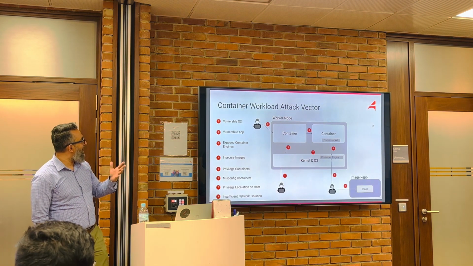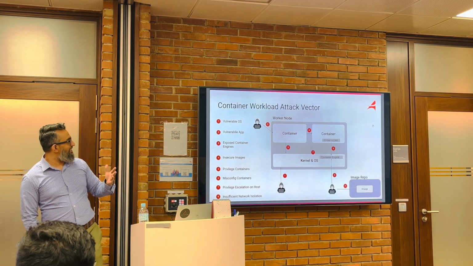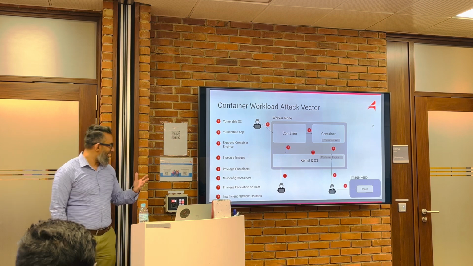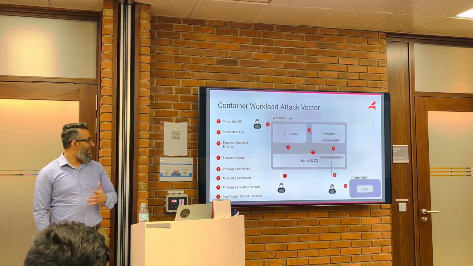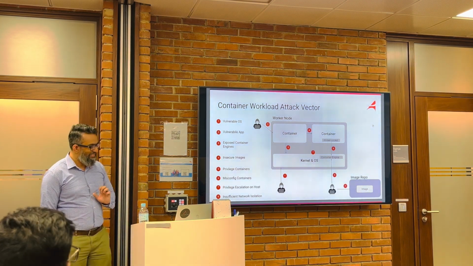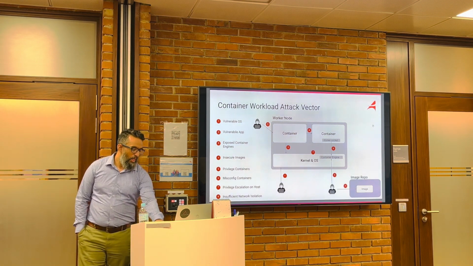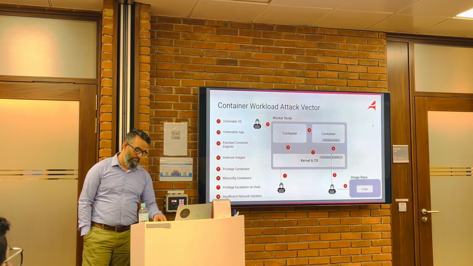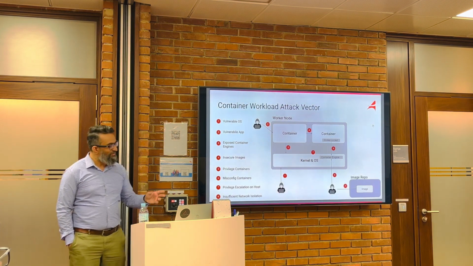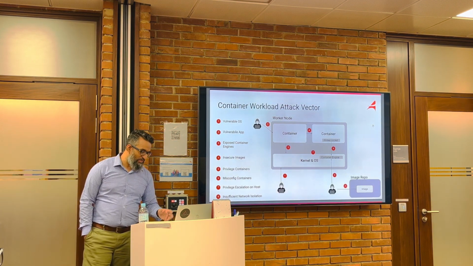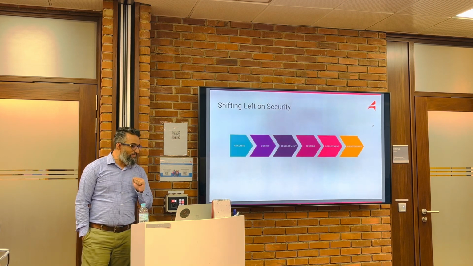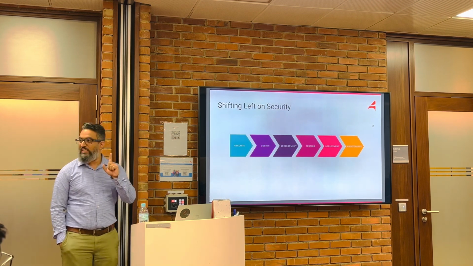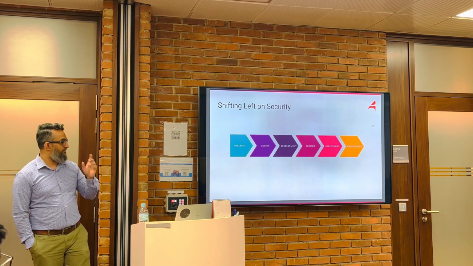And you have vulnerable applications, insecure images, privilege escalations, and misconfigurations. All that can provide an attack vector for a hacker to get your infrastructure compromised. Some of the best practices we spoke about: shifting security to the left, right?